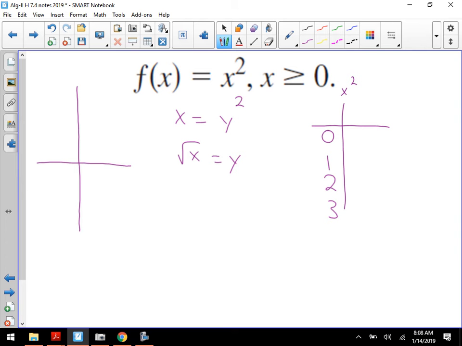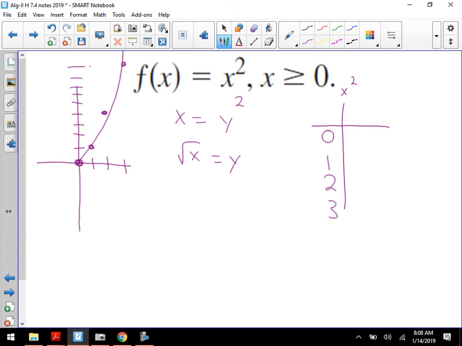What's 0 squared? 0. What's 1 squared? 1. 2 squared. 3 squared. So it's doing that.